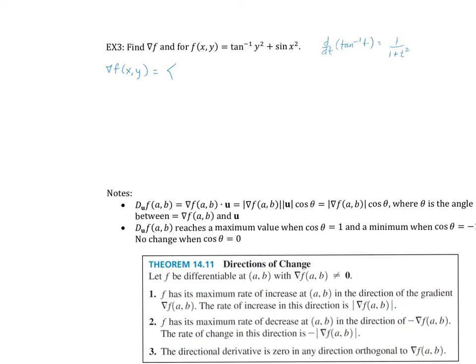I have cosine of x squared, and then I'm going to multiply it by the derivative of the argument of x squared, so that would be 2x.